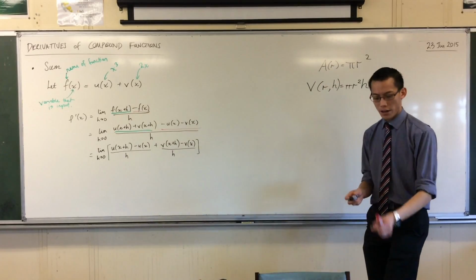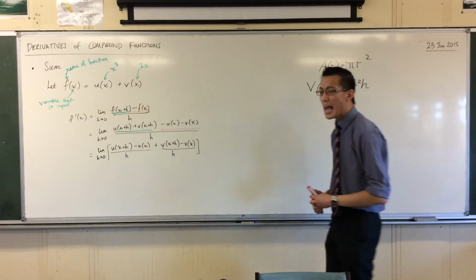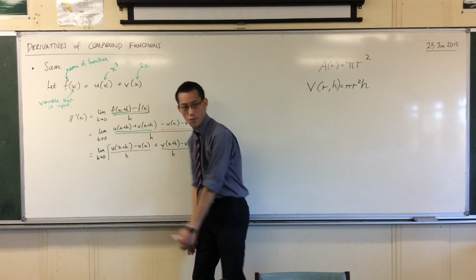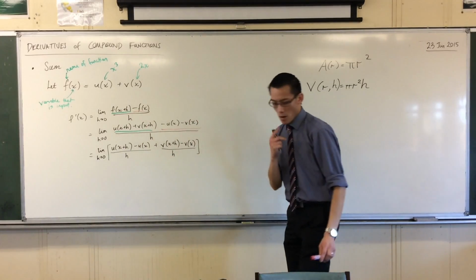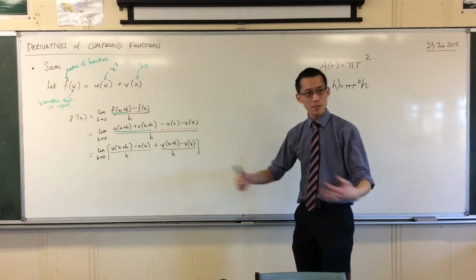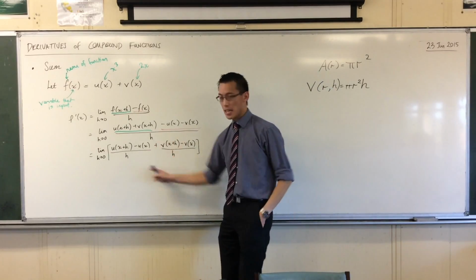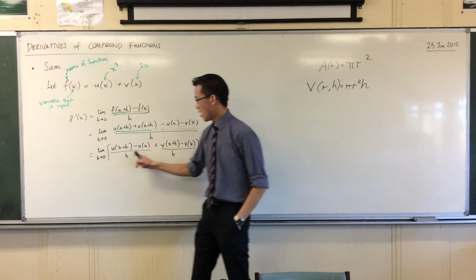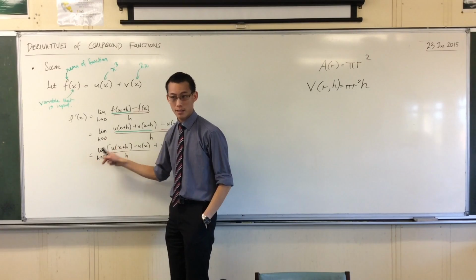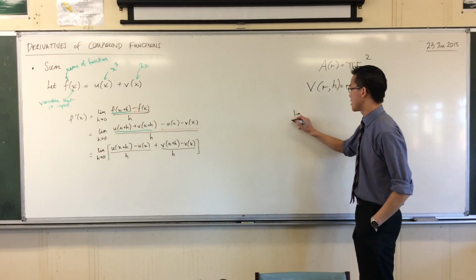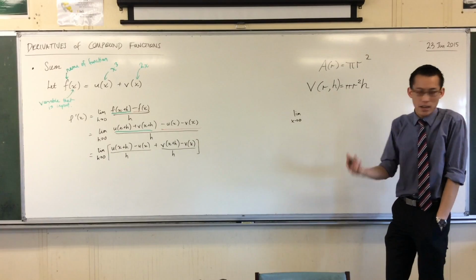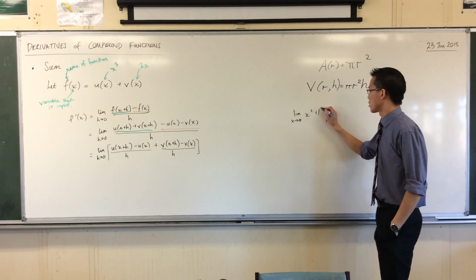So what have I got now? I have the limit as h approaches 0 of this big enormous thing here. Now, when we had a look at limits before, limits are all about how this thing is behaving as this happens. Now just think of a simple limit. Just think about the limit as, say, x approaches 0 of, oh, I don't know, say x squared plus 1.